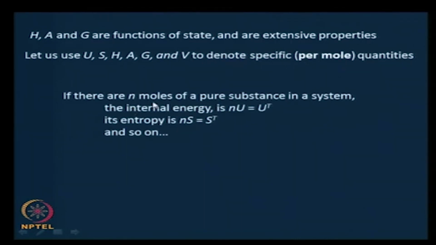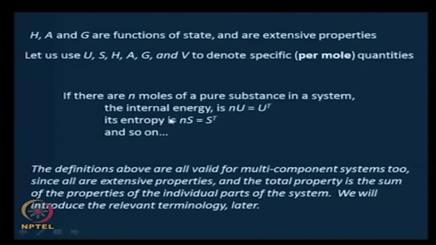And therefore, if there are n moles of a pure substance in a system, the internal energy will be nU, which is also represented as Ut, and I think we finally went with Ut. Its entropy is nS, the number of moles times molar entropy, or St and so on.